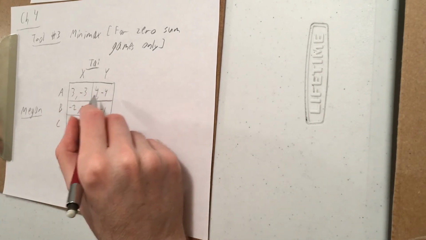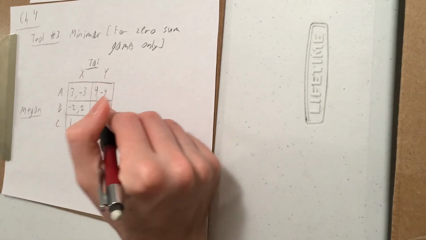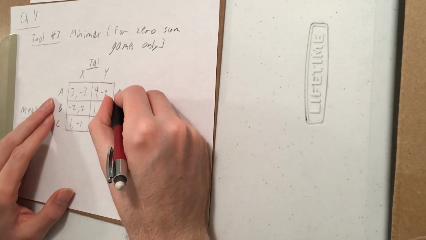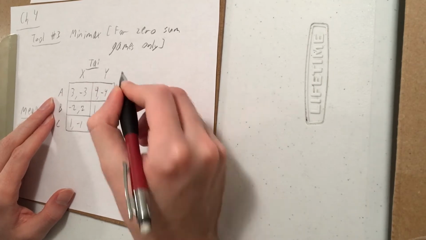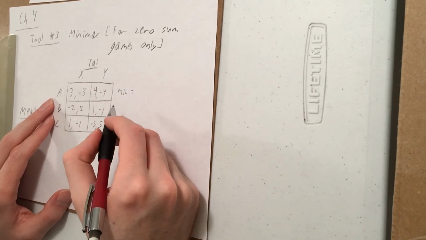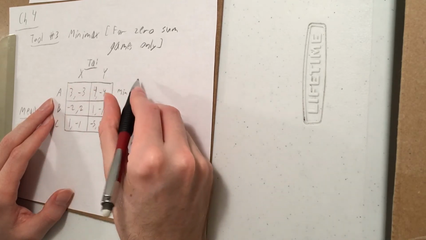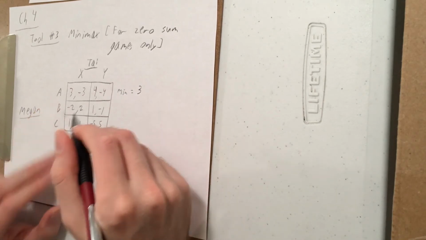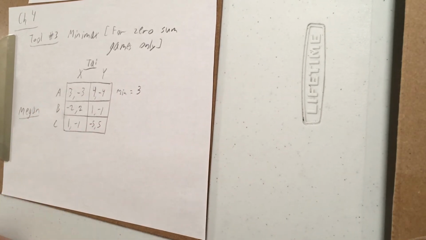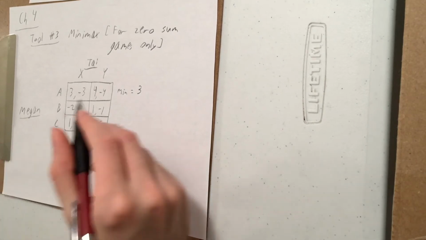So if she plays A, then she thinks about what is the worst case scenario. Well, the worst thing that should happen to her if she plays A is that Ty plays X and her payoff is 3. What's Megan's worst case scenario if she picks B?